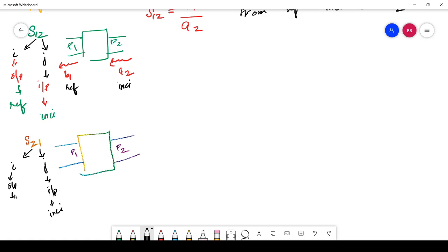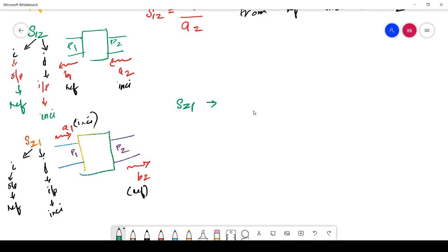When I say output, that is your reflected wave. So where do I have the incident wave? At 1, right? So incident at A1 and reflected at B2, right? So this is my reflected and this is my incident.